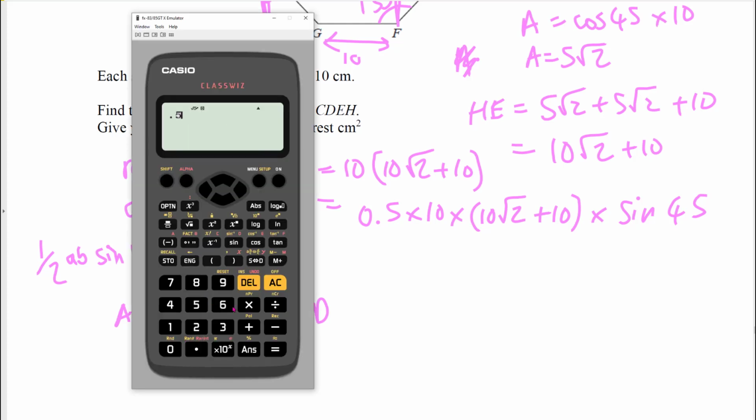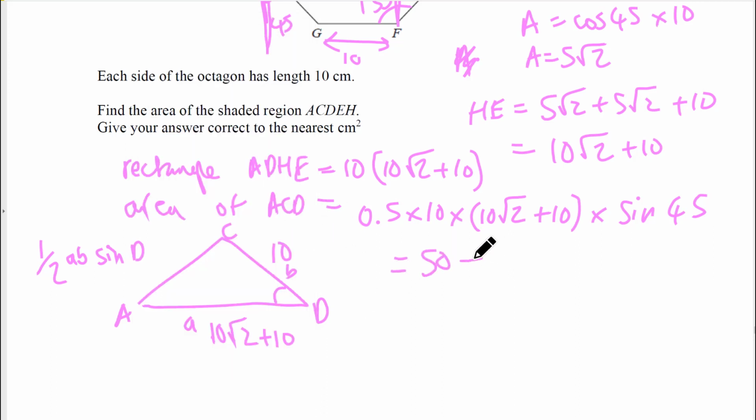So 0.5 times 10 times, put that in a bracket, 10 root 2 plus 10 times sine 45 equals 50 plus 25 root 2.